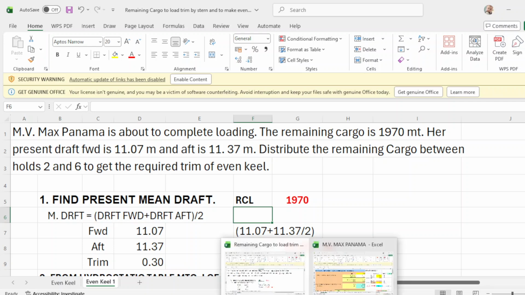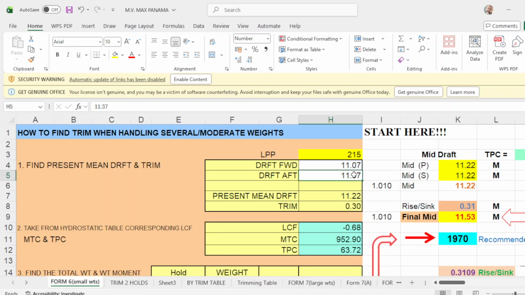Okay, so we put this in the program, 11.37. Now this is your mean draft of 11.22 and this is your trim of 30 centimeters. And with this mean draft you will get this LCF, MTC and TPC.